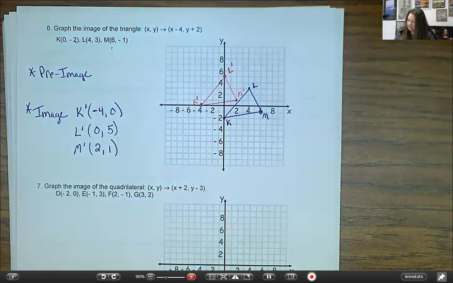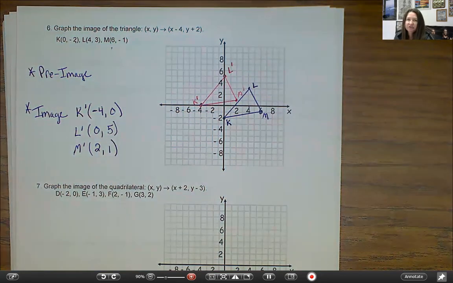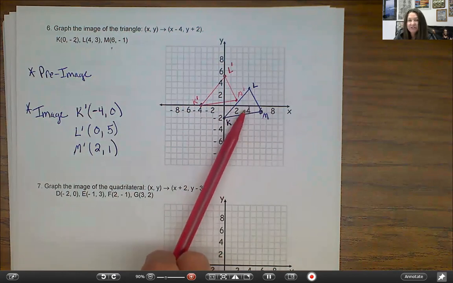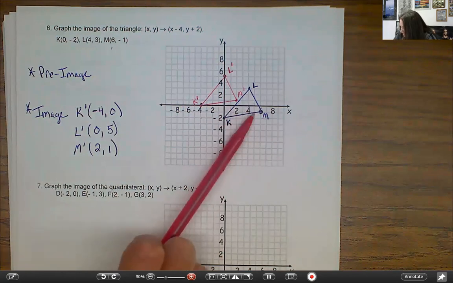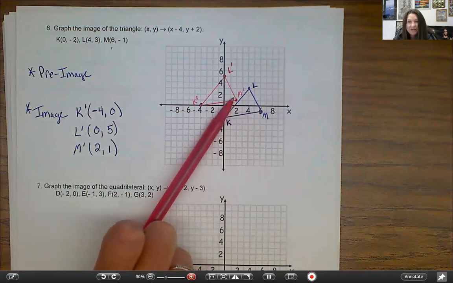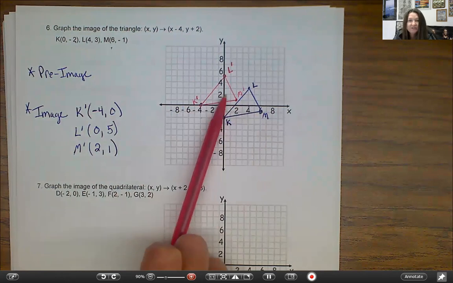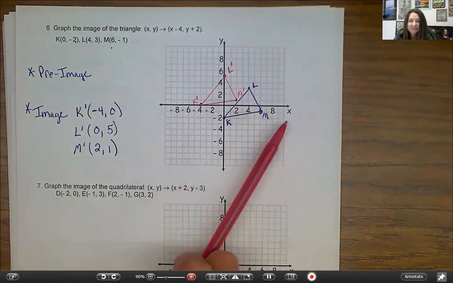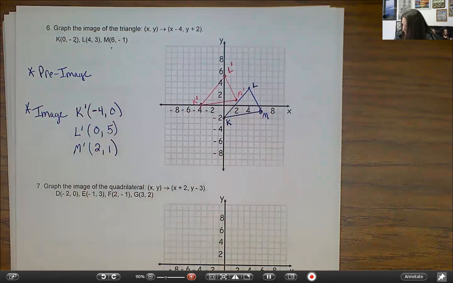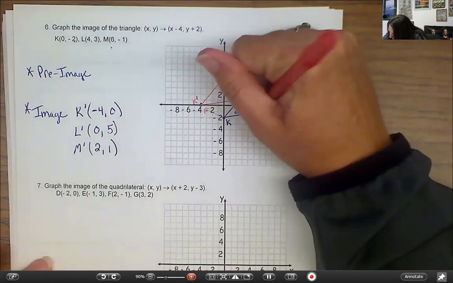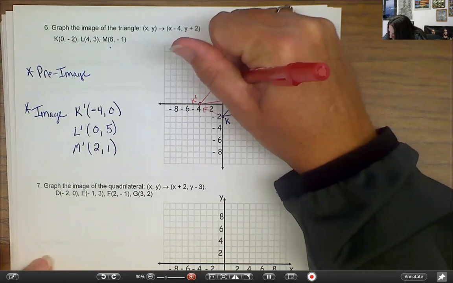you should then get the picture of your translation. It should look like we took our original pre-image and just shifted it this direction, 4 to the left and 2 up. This figure is just moved over. You can see that direction in here if you were to connect those.